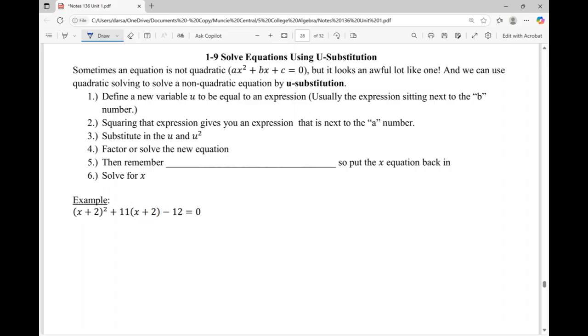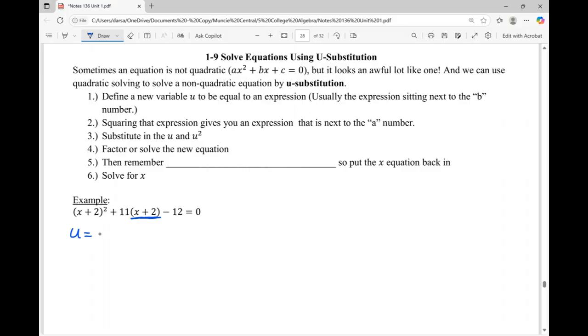So to do U-substitution, if I wanted to factor this the way it looks, it's really ugly and I'd have to FOIL, so we're going to try a different approach to get the answers out of this one. What we're going to do is think ax squared plus bx plus c, and that thing that's sitting next to the b coefficient is going to become what we call u.